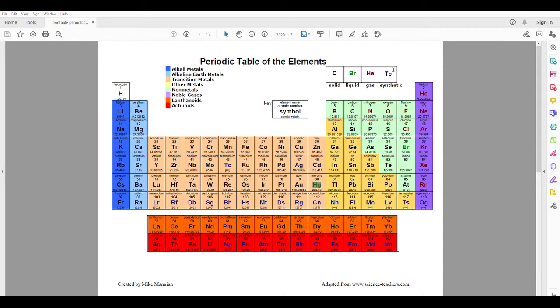Now, this one says synthetic, and a lot of people ask, okay, what does that mean? What is a synthetic element? Okay, basically, these are elements that don't exist naturally in the universe, right? You can't go around and find technetium somewhere, right, without going to a lab and making it, having scientists make it for you.